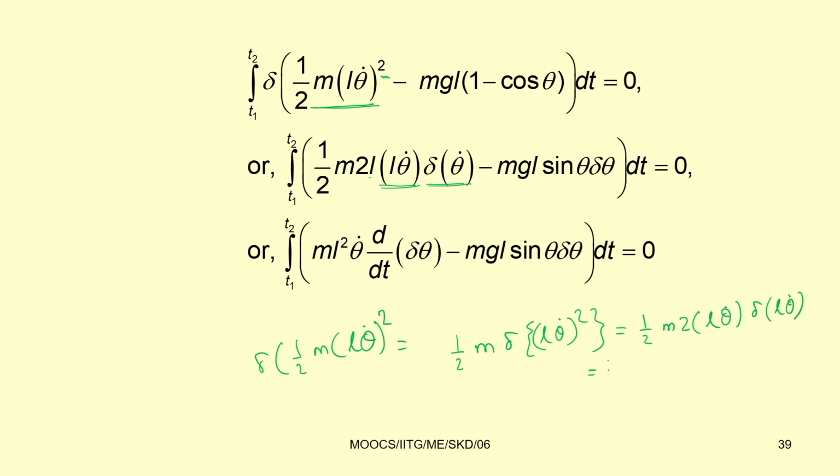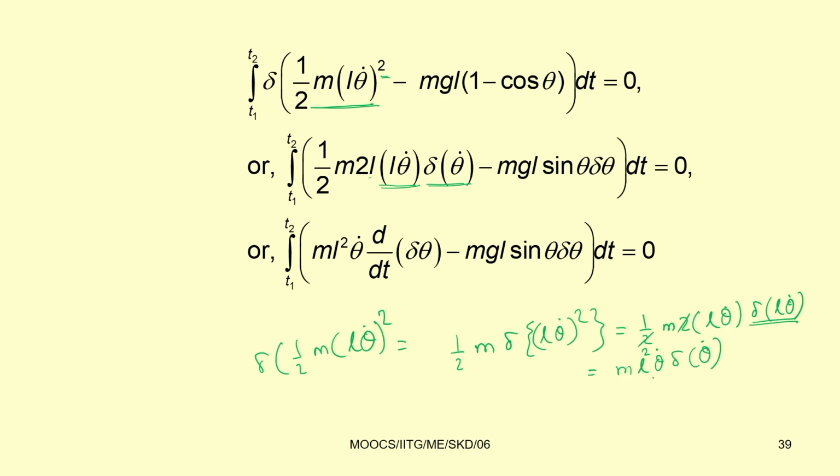The 2 and the half cancel. L is constant, so this becomes m L squared theta dot into del theta dot.